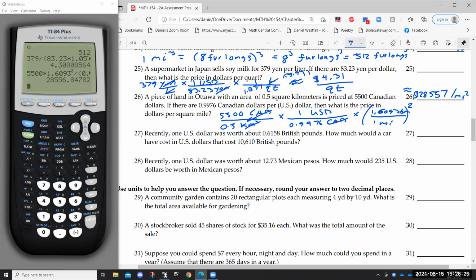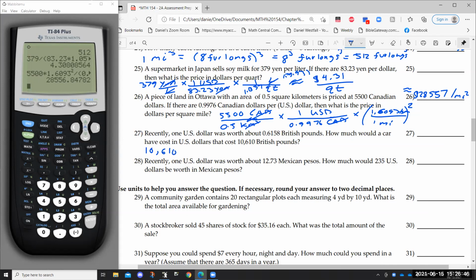Recently, the US dollar was worth about 6,158 10,000ths of a British pound. How much would a car have cost in US dollars that cost 10,000? 10 British pounds.